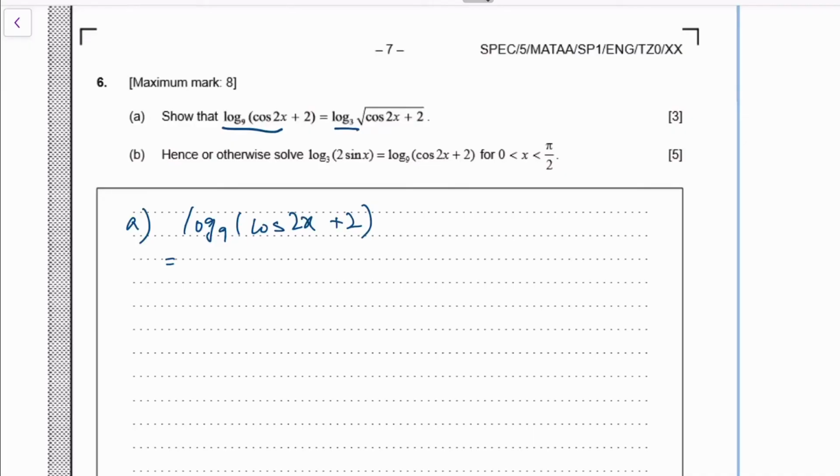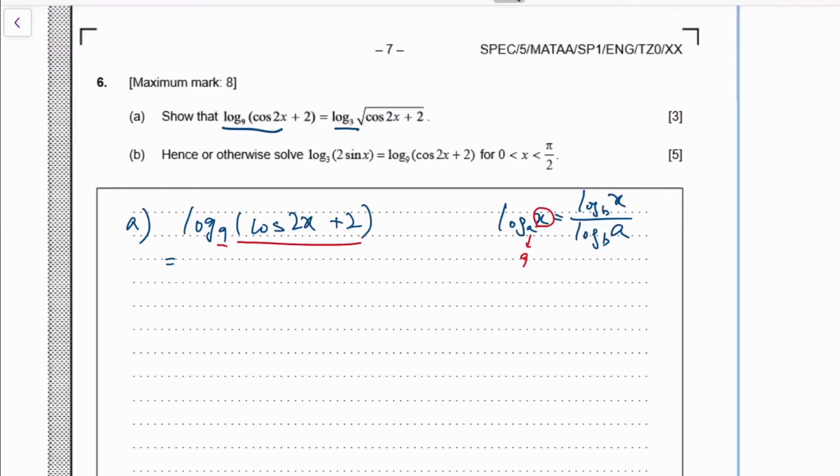So let me find it. I want to use the exact form that the formula booklet gives you, so you can understand better. So this is the change base formula. Okay. So it should be obvious that this a is the 9. That's the 9 here, and the x is this whole thing.